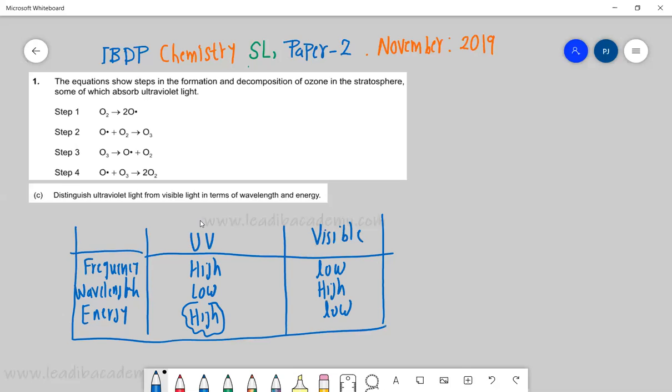We know that in the visible spectrum it is VIBGYOR, so whatever is on the left-hand side, with higher frequency, is UV, and below red is infrared. That's the reason. Very simple.